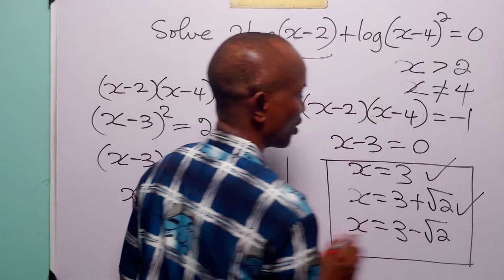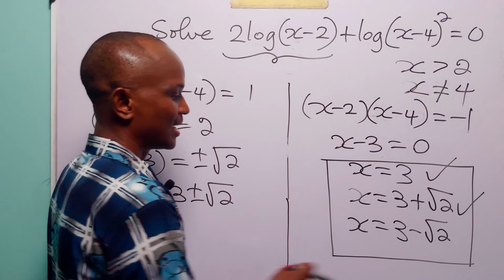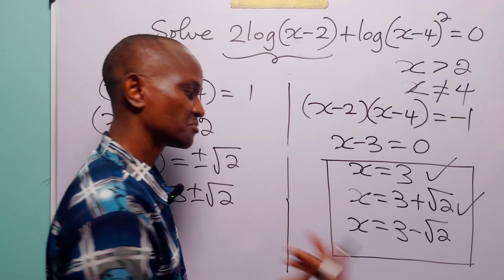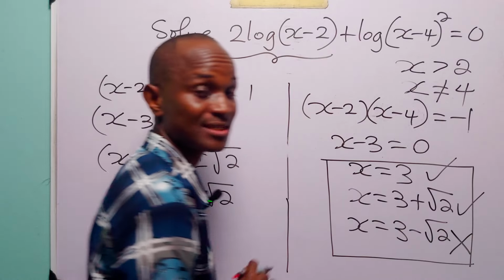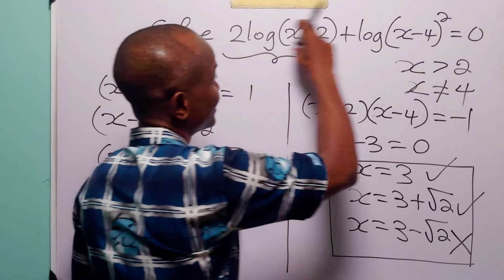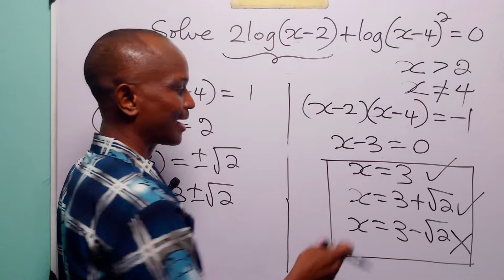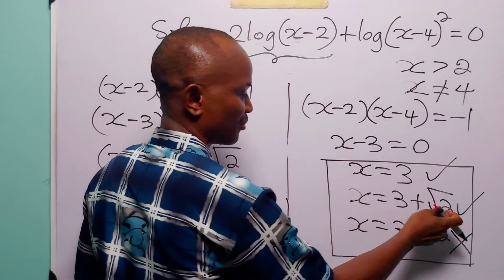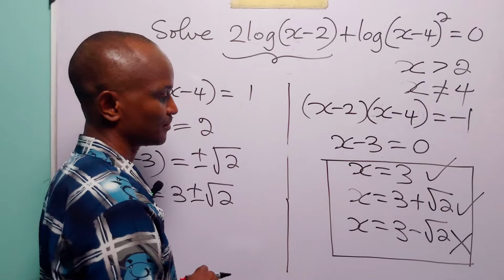So this is also acceptable. Now, 3 minus the square root of 2 is less than 2. So this is not acceptable. So the only two values of x that satisfy this logarithmic equation are x equal to 3 and x equal to 3 plus root 2.